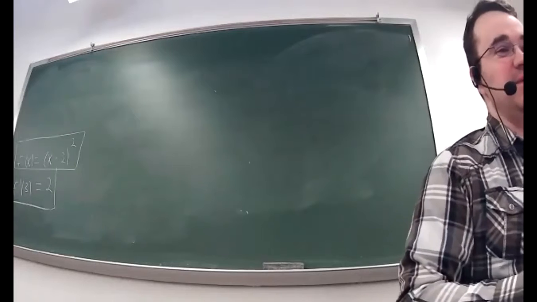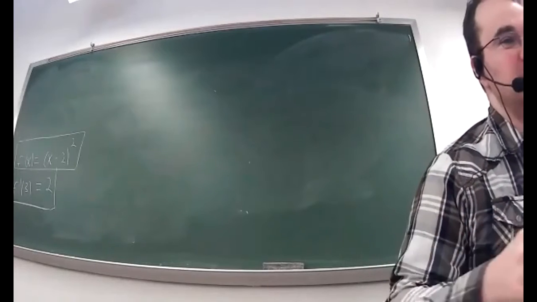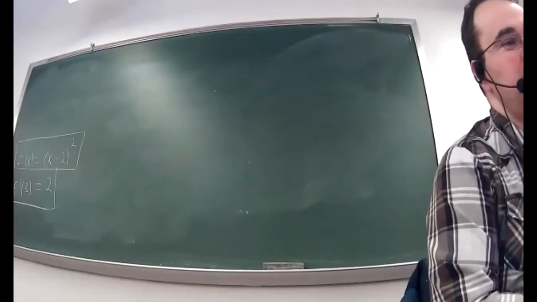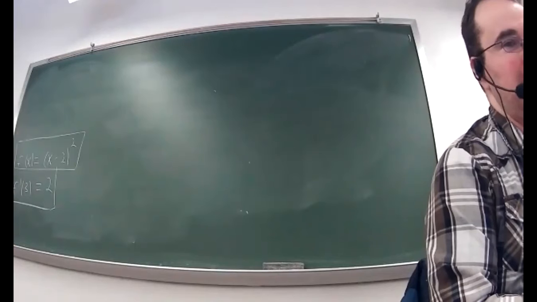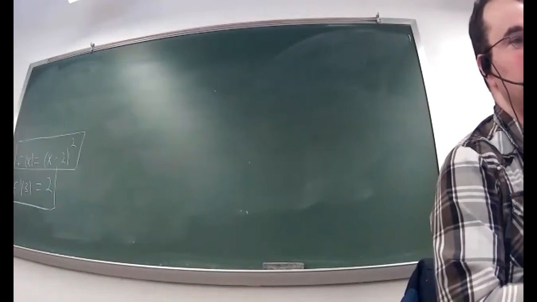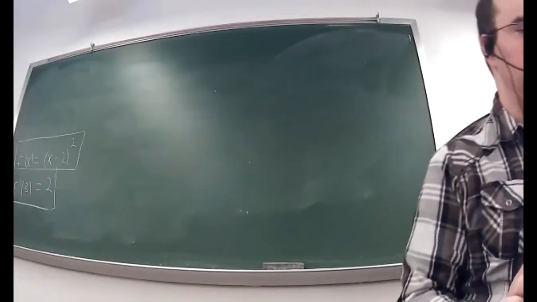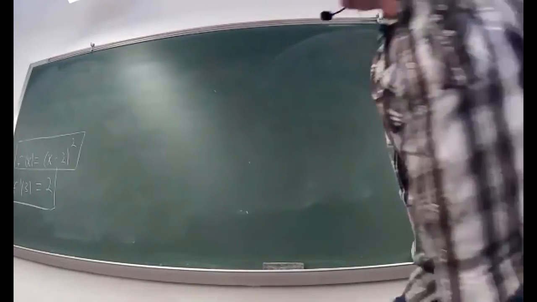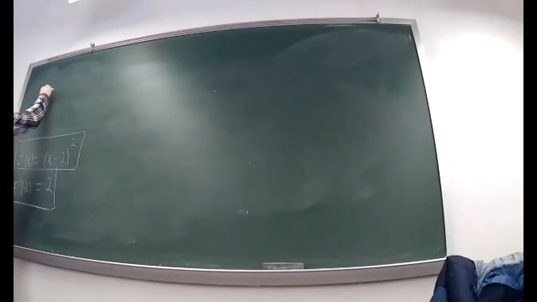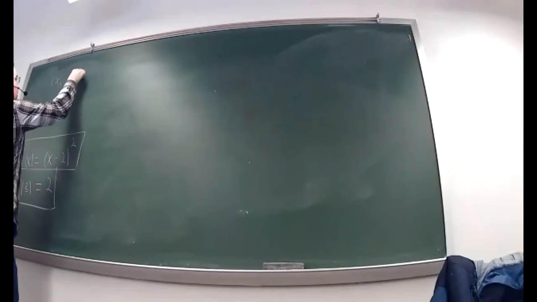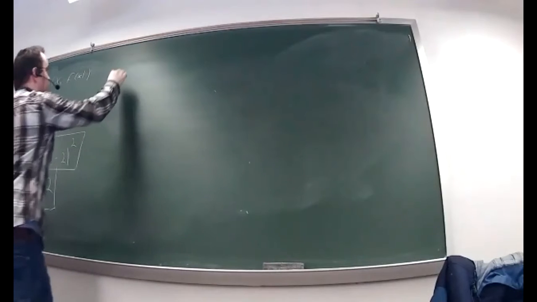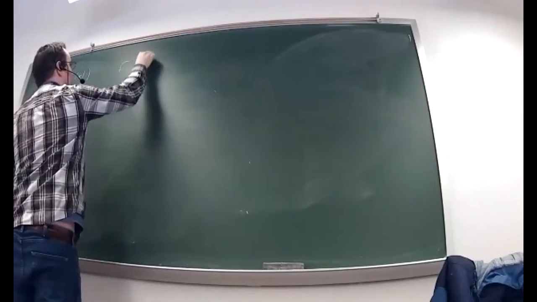So things you definitely could be asked: given a function, calculate the derivative at a point, and also, given a function, graph the tangent line at the point. You're going to need to know how to do that. What we've seen is that there's a nice formula for the tangent line at the point x, f of x, with slope given by f prime of x.